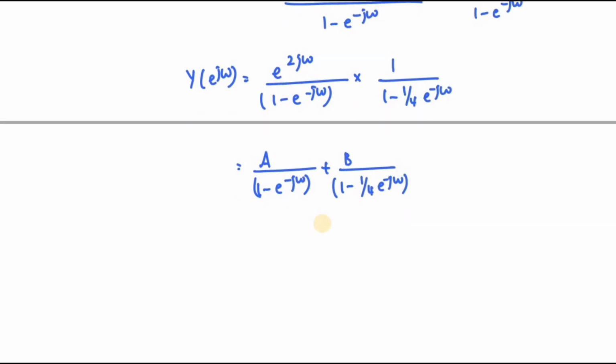So I will take the equation A times (1 minus 1 by 4 e power minus j omega) plus B times (1 minus e power minus j omega) is equal to e power 2j omega.